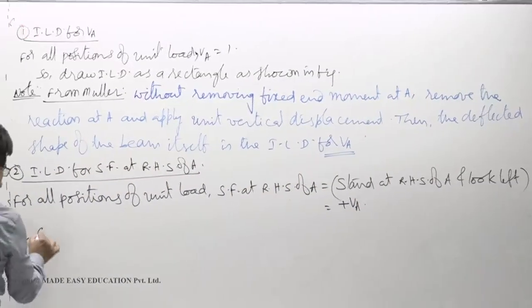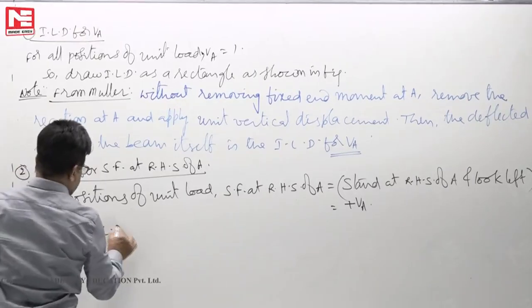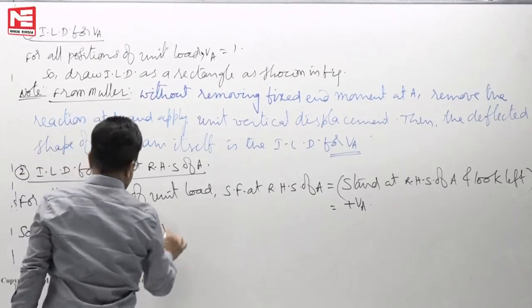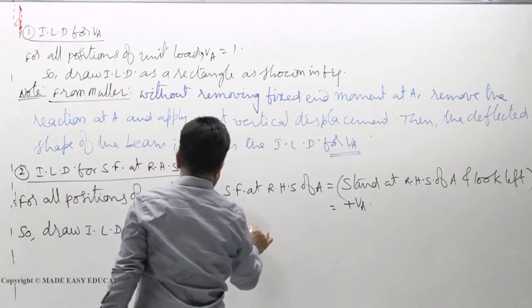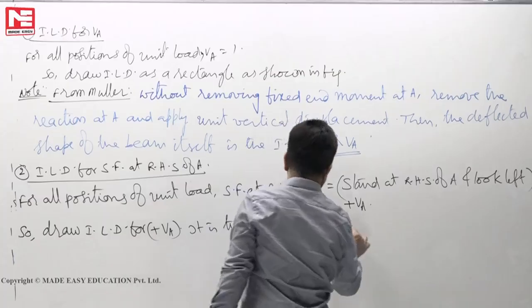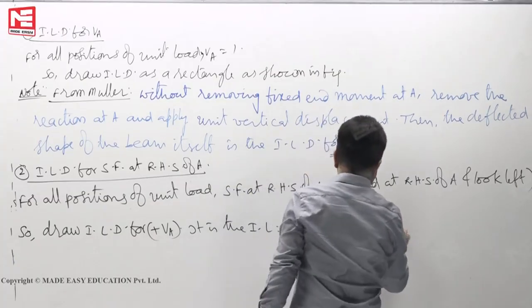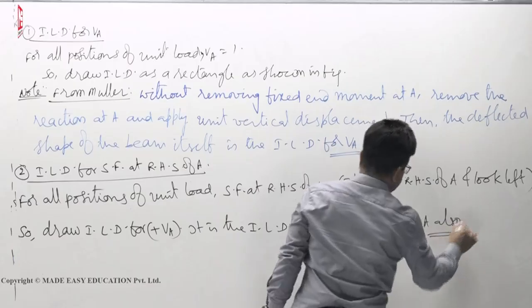So draw ILD for plus VA. It is the ILD for shear force at RHS of A.